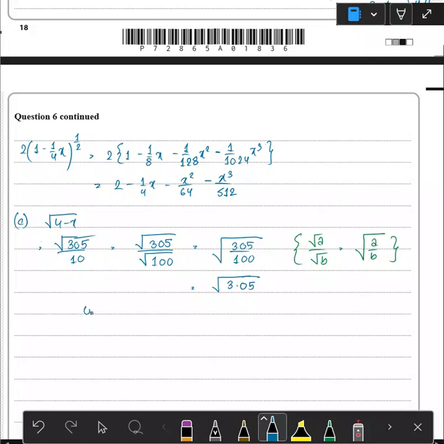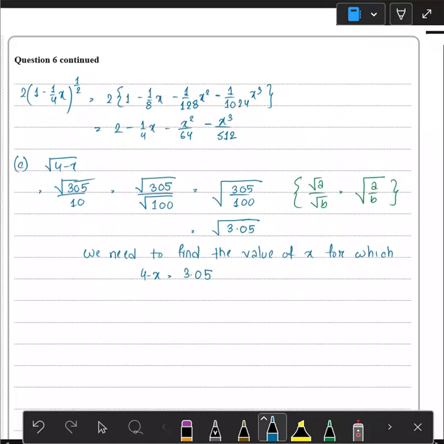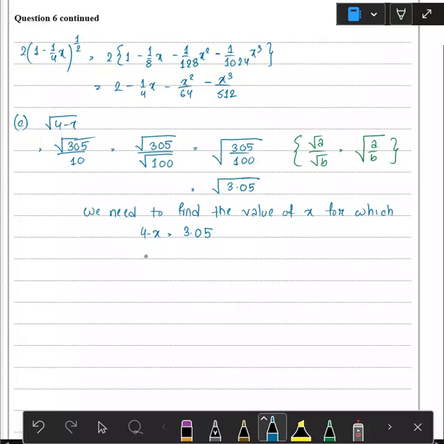So we can just equate. 4 minus 3.05: we bring the 3.05 to the left-hand side, and the negative x to the right-hand side, where it becomes positive x.